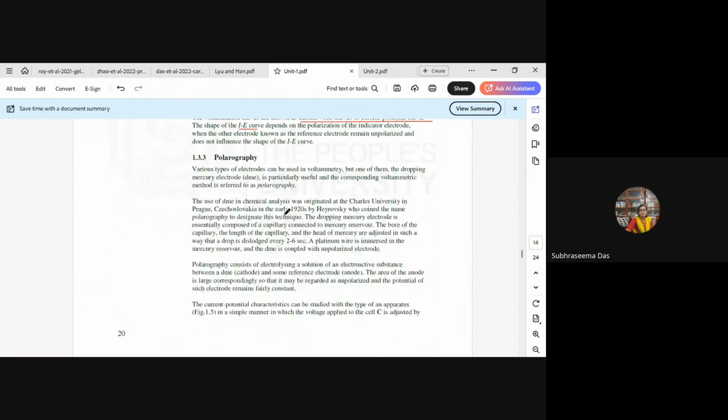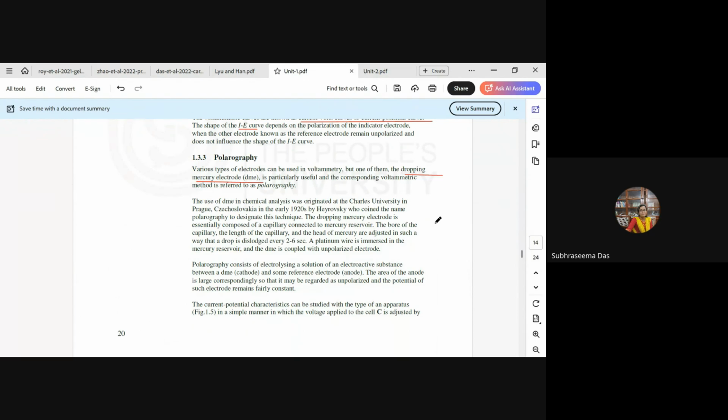Then coming to polarography. Polarography is another electroanalytical technique, and various types of electrode cells can be used in voltammetry. But one of the most important and interesting among the various types of electrodes is the dropping mercury electrode, or DME.